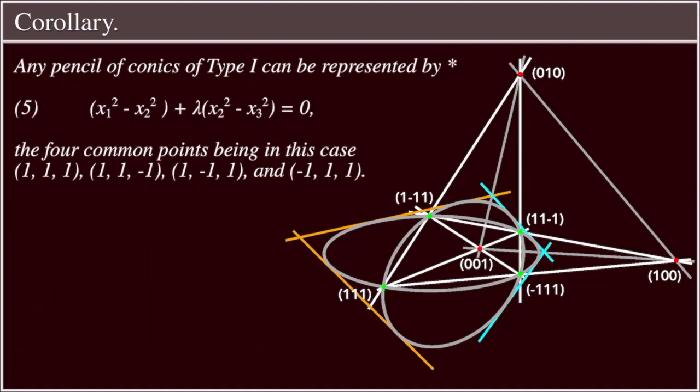Corollary: any pencil of conics of type 1 can be represented by equation 5: the quantity x1 squared minus x2 squared plus lambda times the quantity x2 squared minus x3 squared equals 0. For the 4 common points being in this case (1,1,1), (1,-1,1), (1,1,-1), and (-1,1,1).